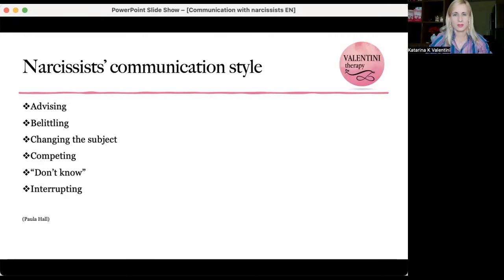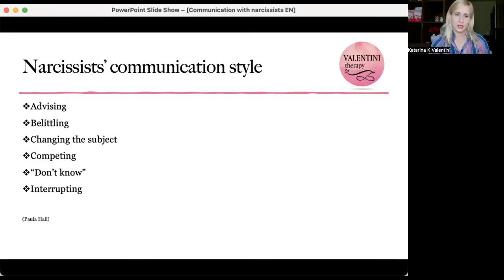That's one of the conversation blockers that teenagers usually use. And our narcissists love to employ this tactic as well. Because saying, I don't know, in the case of our narcissist, really means I don't give a damn about what you think or what you want. Just leave me alone with your boring conversation topics.